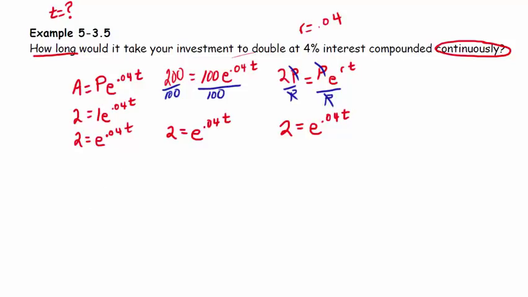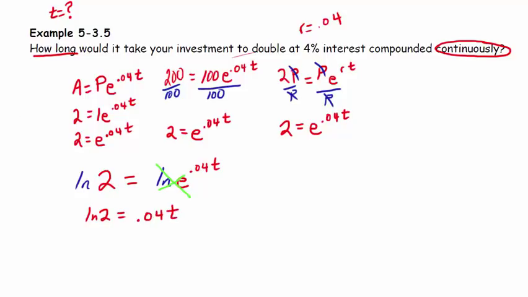Alright, so let's say I take the natural log of both sides here. Natural log of this equation, 2 equals e to the 0.04 t. Okay, these are inverse operations, so those are going to cancel, and I'm left with the natural log of 2 equals 0.04 t.